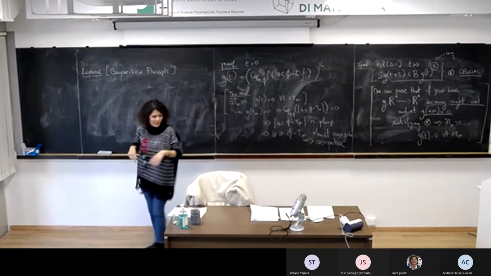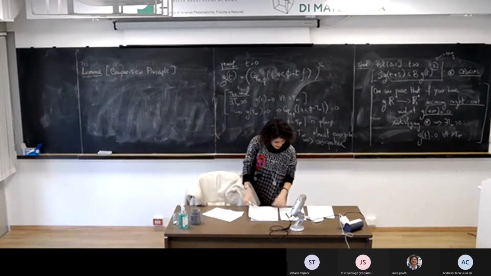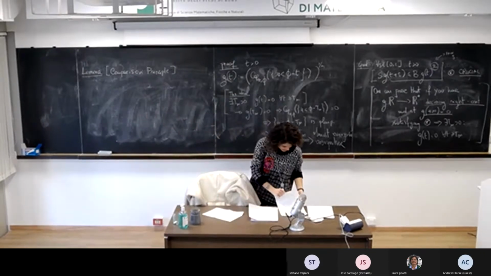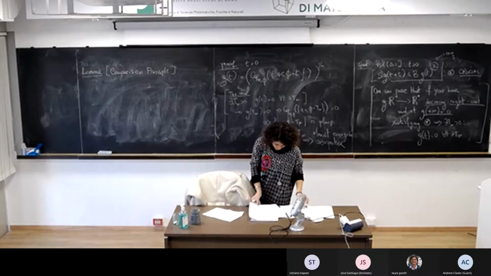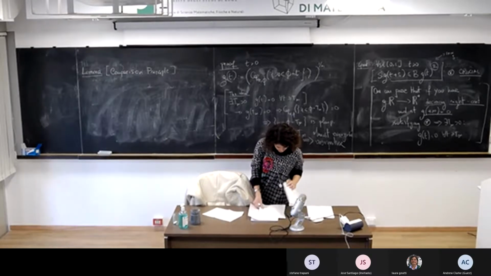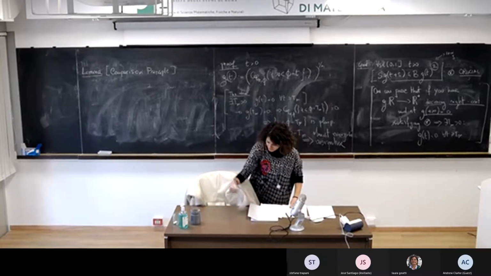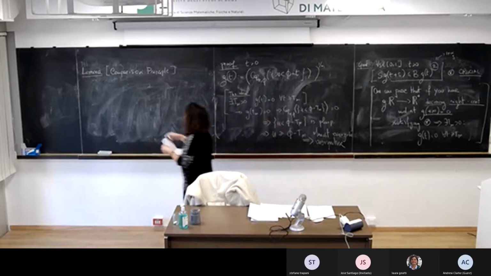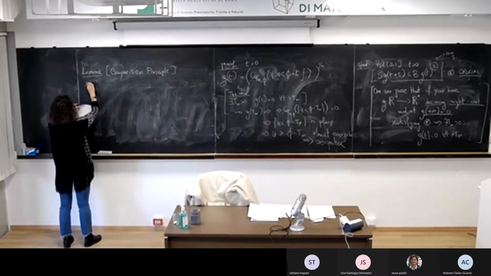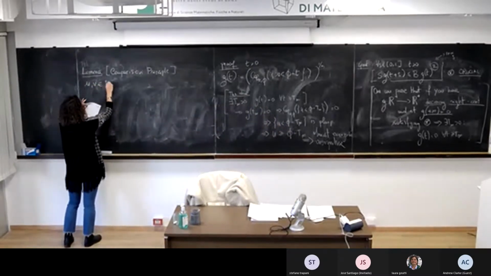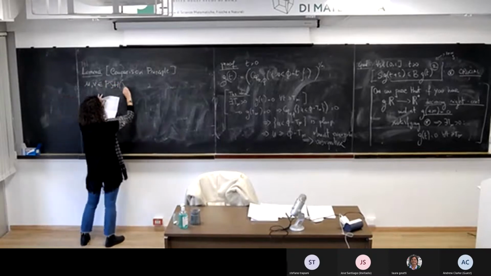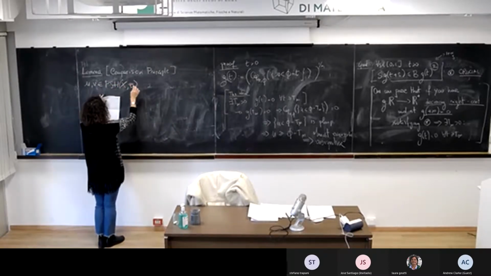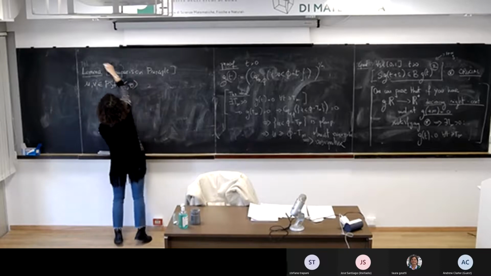So let me write it down. The statement in its full. The proof is going to be later on. What did I write here? Voila. Okay, so this is a general version of it, the most general version that is available right now.